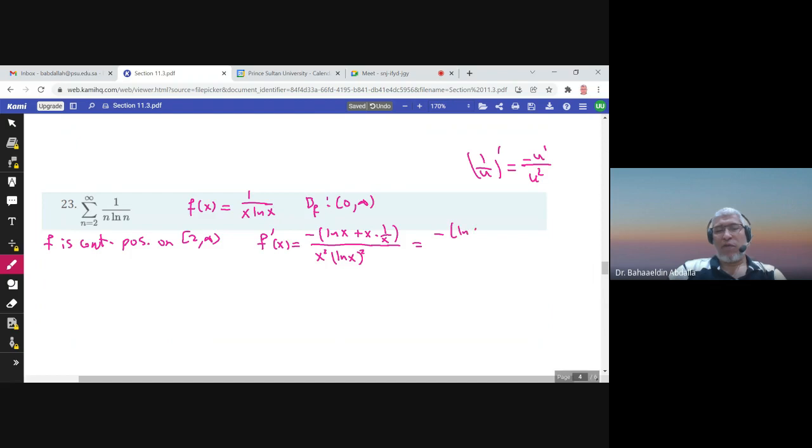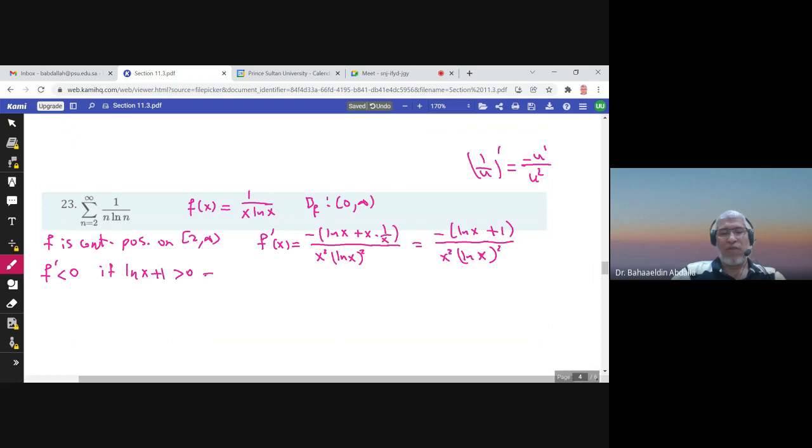So this is negative ln x plus 1 over x squared ln x to the power 2. Now x squared is always positive, ln x squared is always positive. This negative will make f prime negative only if ln x plus 1 is positive. So if ln x plus 1 is positive, then f prime would be negative.